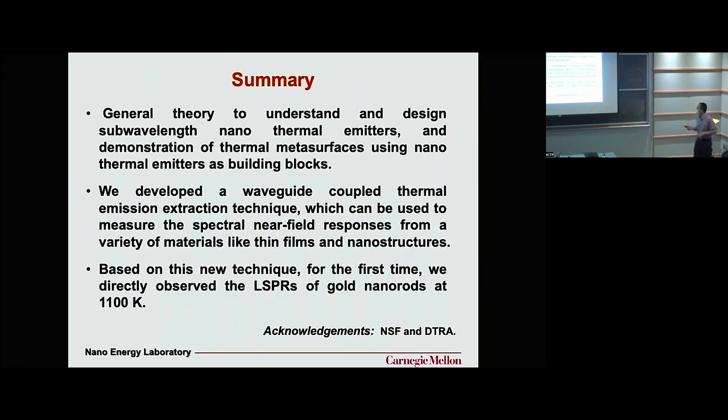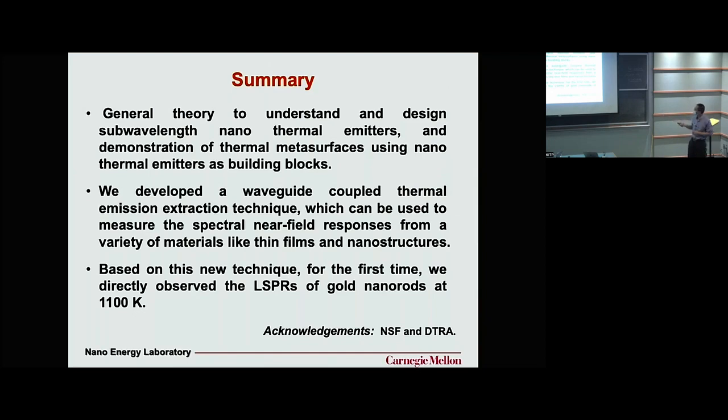Okay, to summarize my talk today, we introduced a general theory to understand the thermal emission from an individual nanoplasmonic emitter with arbitrary geometry. We also described a waveguide coupled thermal emission technique. In this case, we can measure the near-field thermal emission remotely over a long distance.